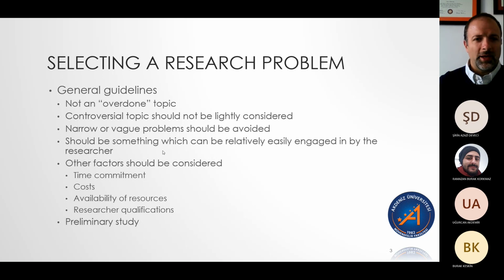And then researcher qualifications comes back to what I was talking about before about knowing your limitations. What is your field, and are you sufficiently qualified to be able to study the things that you're doing? And before you engage in a main research, do some preliminary background research. Now this preliminary study can end up becoming the backbone, the background for your literature review, right?